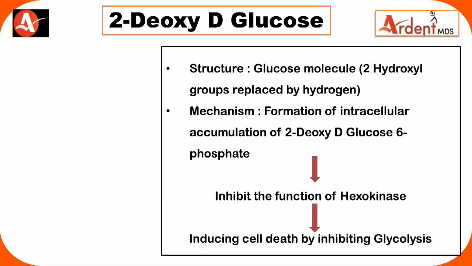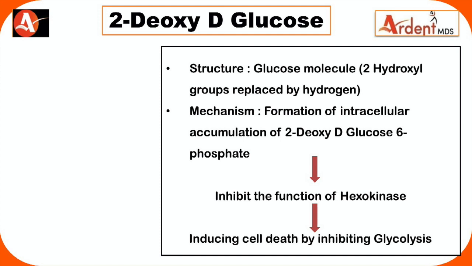And coming to 2-deoxy-D-glucose, a recently indicated drug for COVID-19, but there was no particular clinical trial for 2-deoxy-D-glucose. So just remember what this is. As the name says, it is D-glucose, but deoxy.